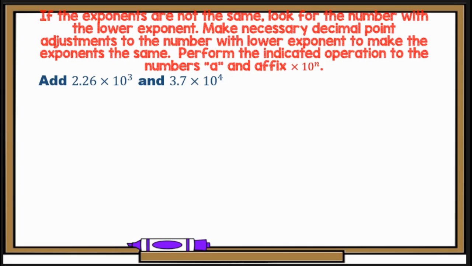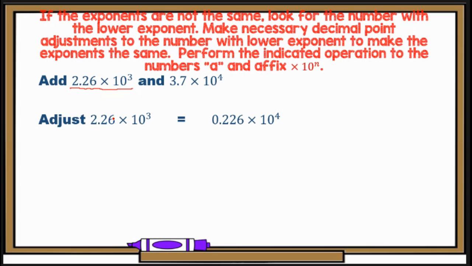This is our example. Add 2.26 times 10 raised to the power of 3 and 3.7 times 10 raised to the power of 4. Which among these two has the lower exponent? So 2.26 times 10 raised to the power of 3 has the lower exponent. So let's adjust 2.26 times 10 raised to the power of 3.